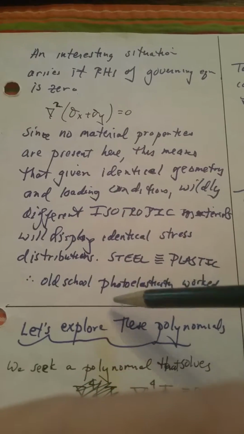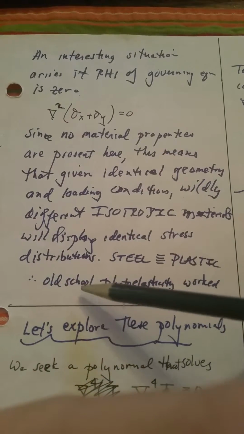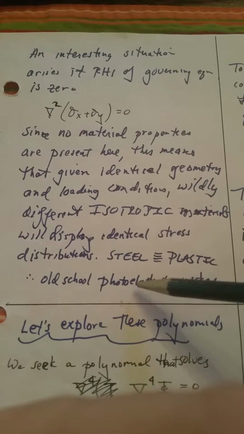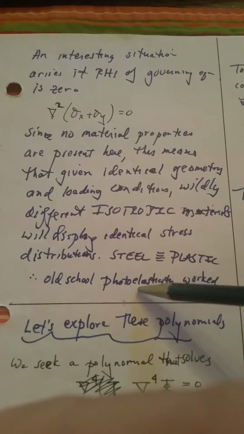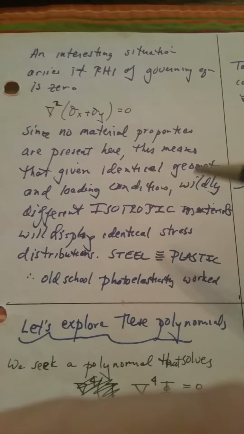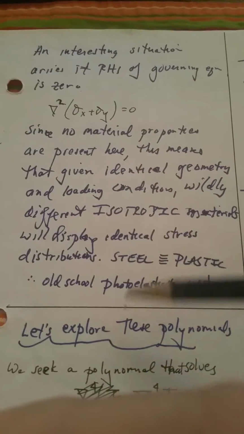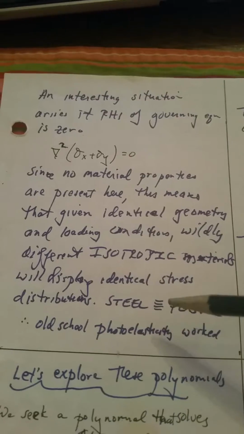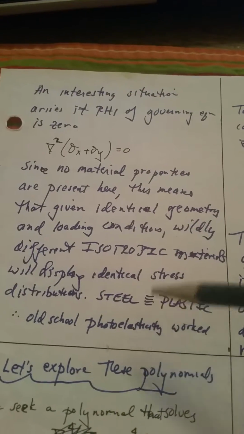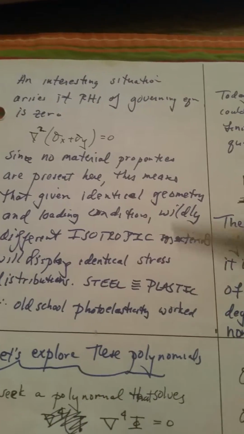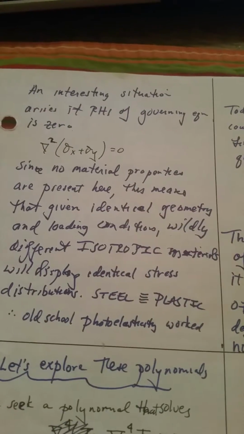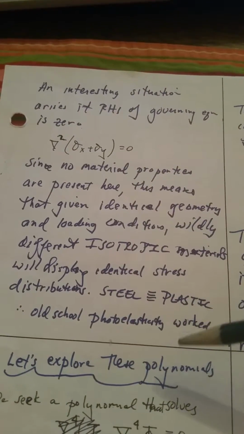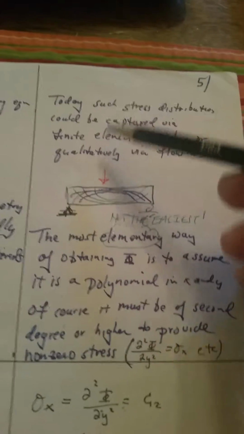The implications of this are enormous because this was the basis of the classical photoelasticity methods, where people built plastic models of bridges, of towers, of airplane wings, of all sorts of things, and tested them on small scales and looked at the stresses in the plastic, and then they knew exactly what the stresses would be in the steel, neglecting the body forces.